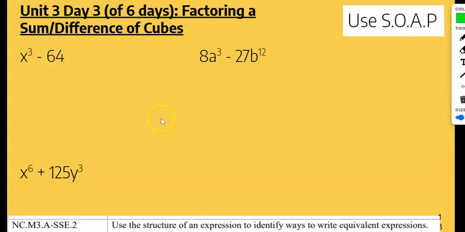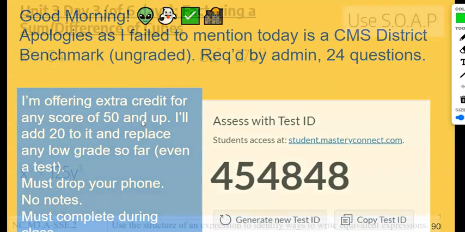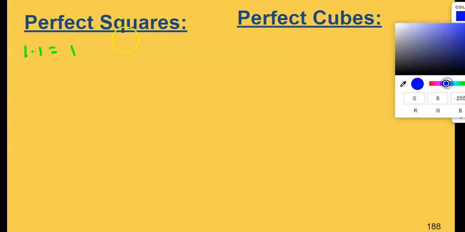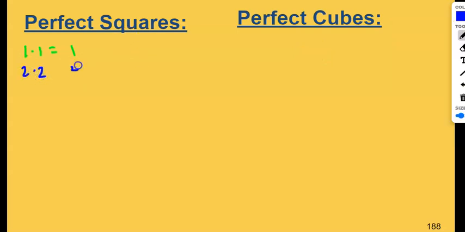But first, let's make sure you actually understand the difference between squares and cubes. So perfect squares are like when you take two numbers and multiply them: 1 times 1 is 1, or 2 times 2 is 4. So these are the perfect squares over here. 3 times 3 is, of course, 9. 4 times 4 is 16. And we can keep going for a while.